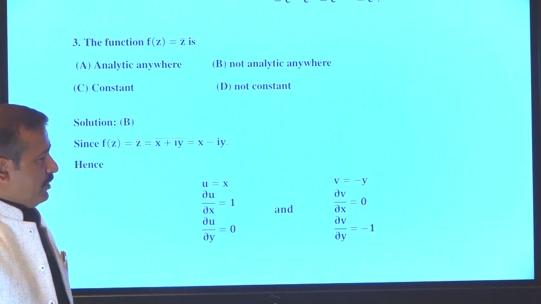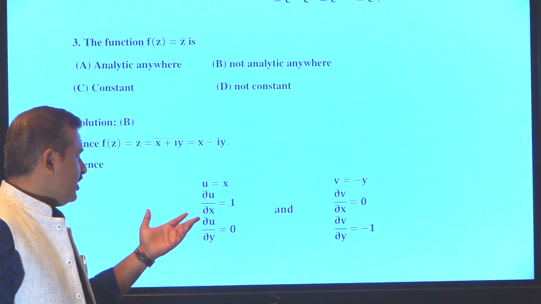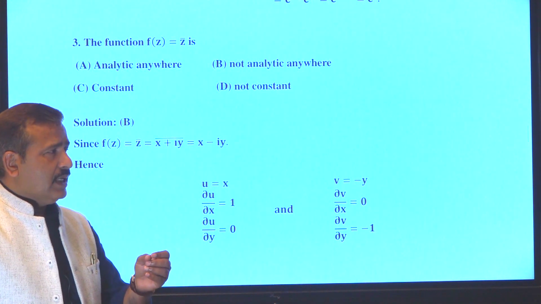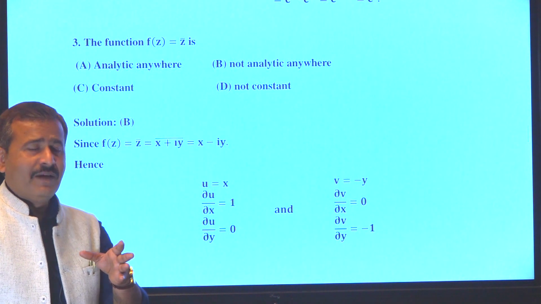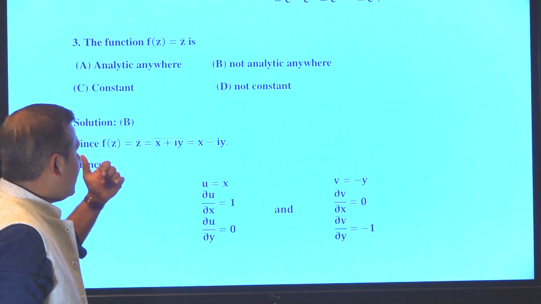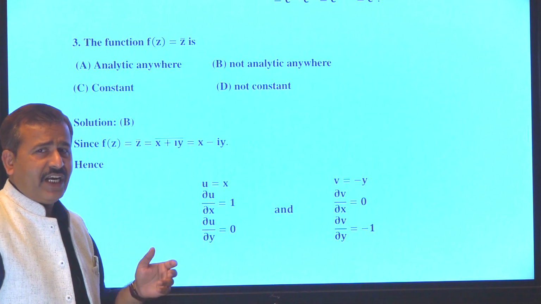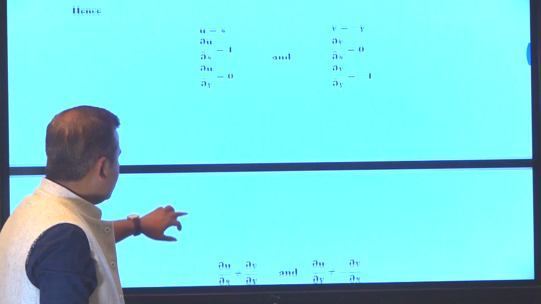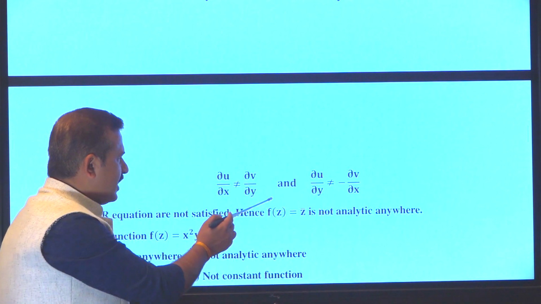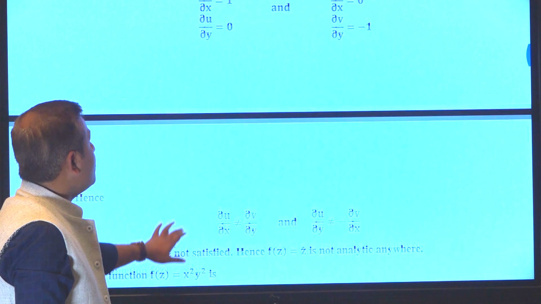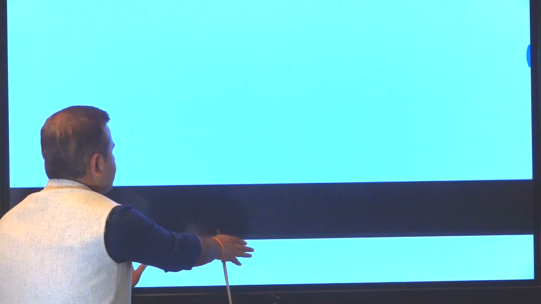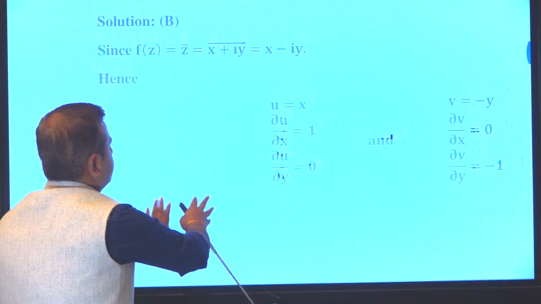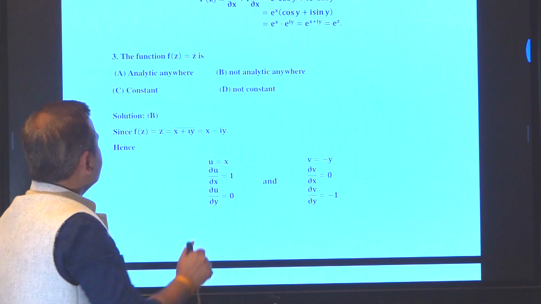Friends, what we have discussed in problem number 1, the same here, just you define the value of u and v, and if it satisfies the analytic function, then it is analytic, and if it does not satisfy the analytic function, that means it is not analytic. So same here, this does not satisfy the analytic function, so option B is the correct.